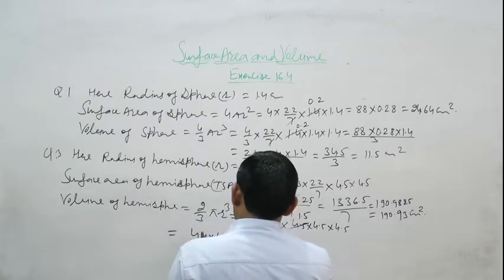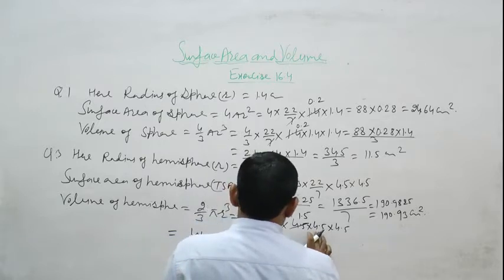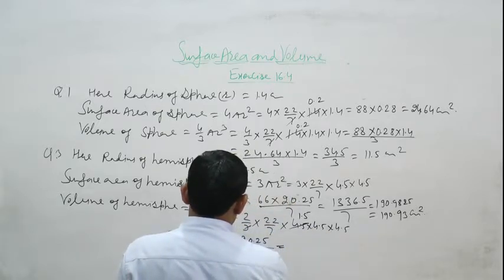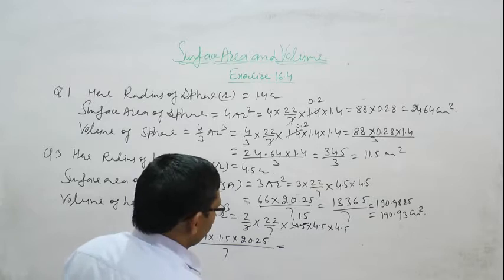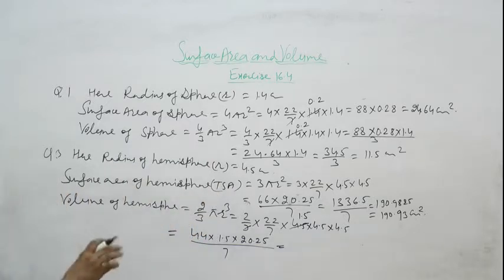Then 22 multiplied by 2 is 44, multiplied by 1.5, and the square of 4.5 multiplied by 4.5 gives 20.25.